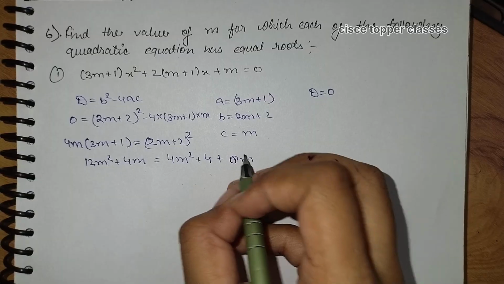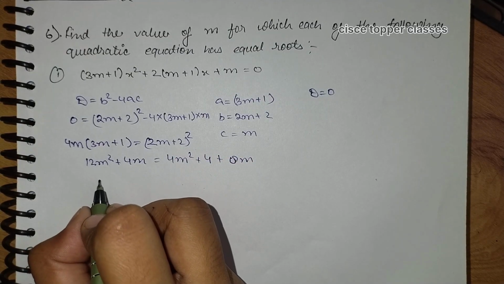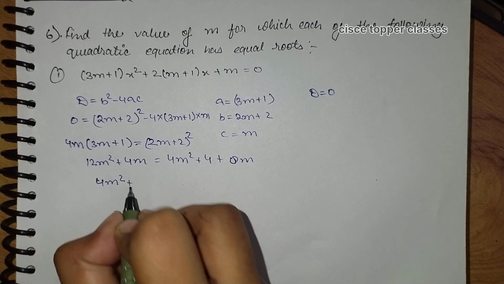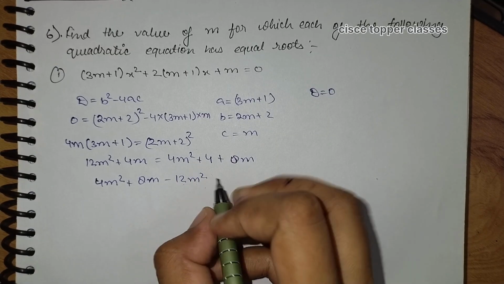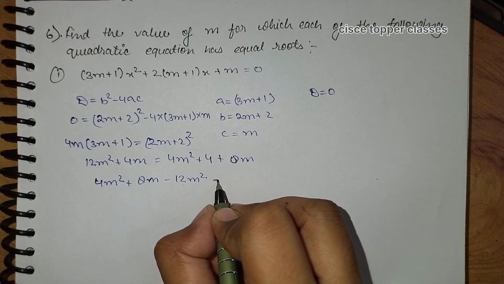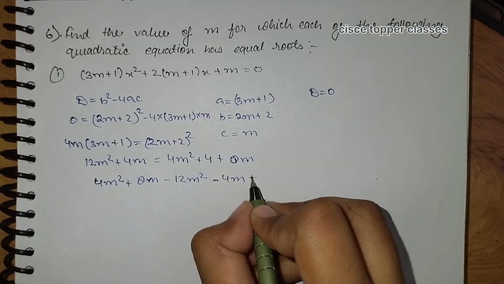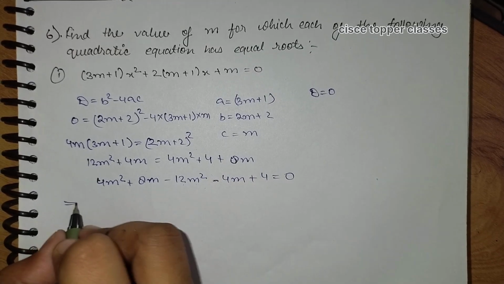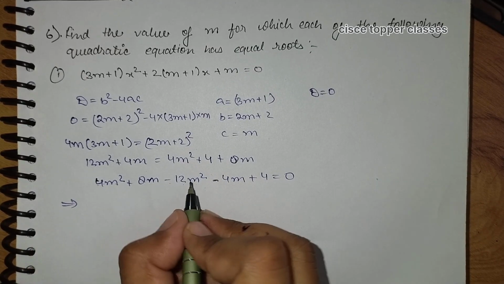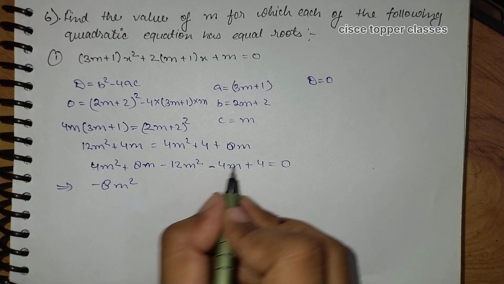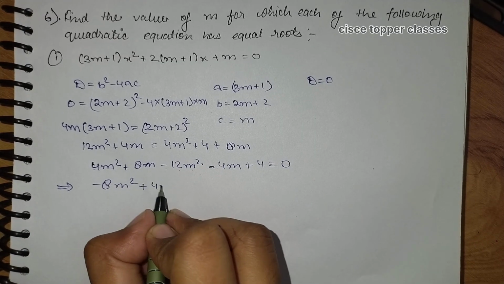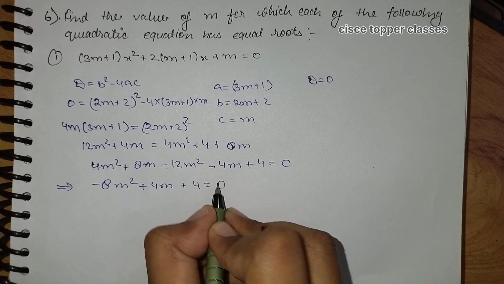So that will become 4m square plus 8m minus 12m square minus 4m also, and this will be plus 4 equal to 0. From that we can write 4m square minus 12m square as minus 8m square, plus 4m plus 4 equal to 0.